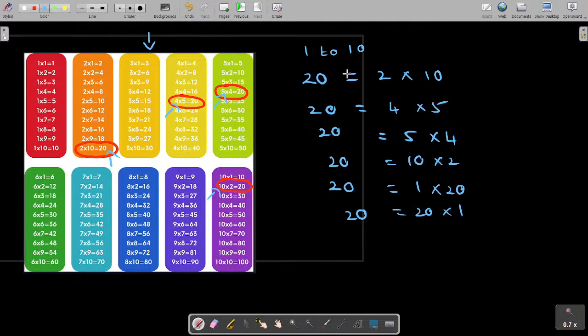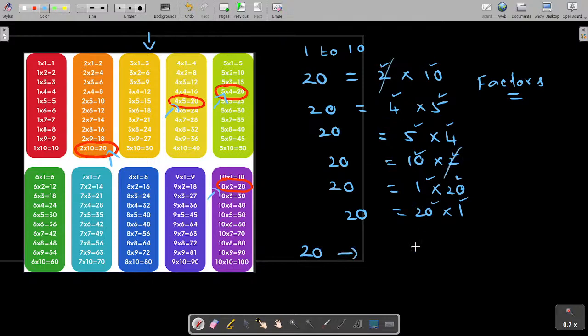If you make a note, this 20 can be split with respect to 2 and 10, 4 and 5, 5 and 4, 10 and 2, 1 and 20, 20 and 1. This is what you call factors. So what are the factors of 20?